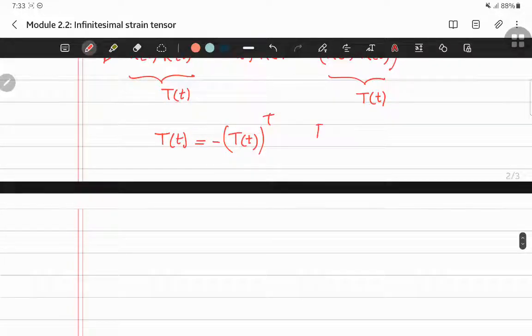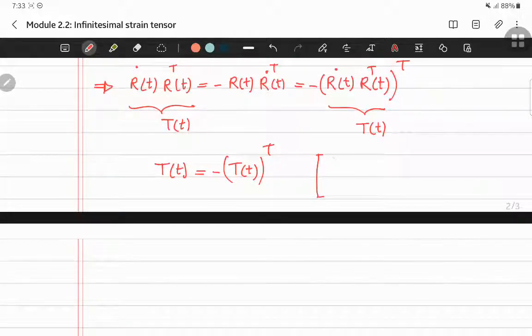What does it mean? If you have this kind of tensor, 1 2, 1 3, 2 3, this is minus T12, minus T13, minus T23.